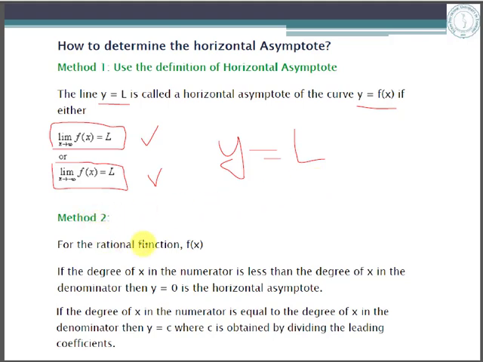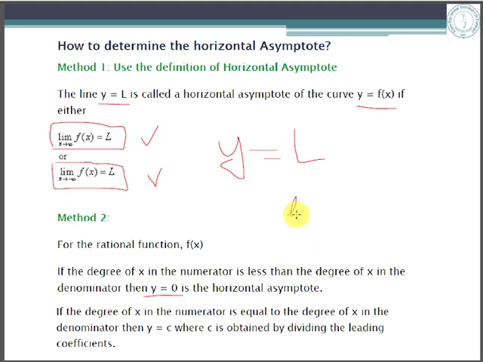And the second method, for the rational function f(x): if the degree of x in the numerator is less than the degree of x in the denominator, then y = 0 is a horizontal asymptote. Why?